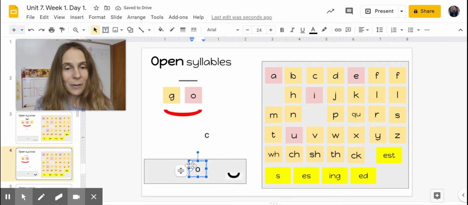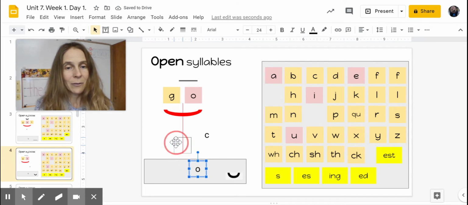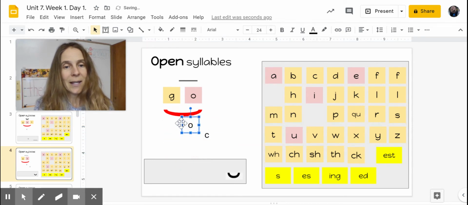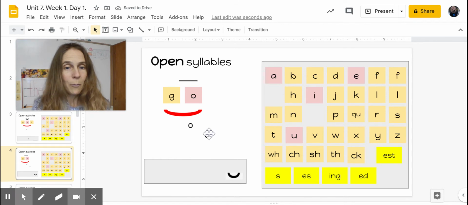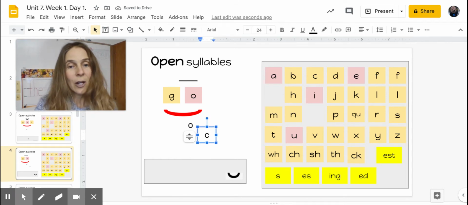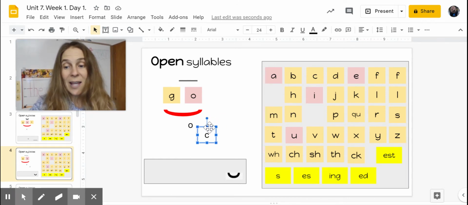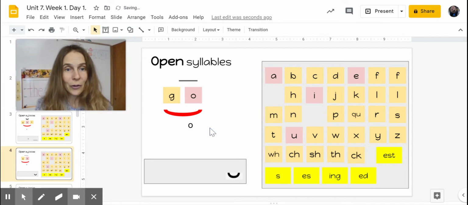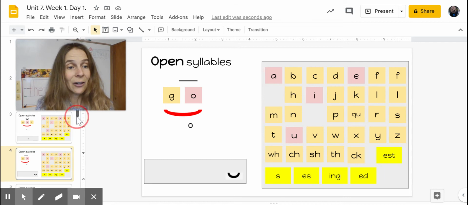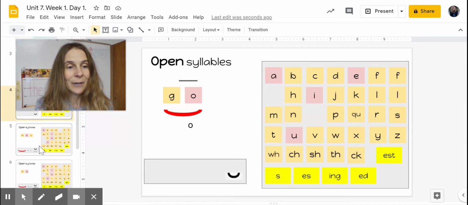Move this O. For some reason, this O does not like to move as much as this E. There we go. So my syllable is going to be open, just like that. We're going to do this a few more times, and then we're going to do it on our whiteboards also. So I've got it marked here correctly. Let's look at another word.